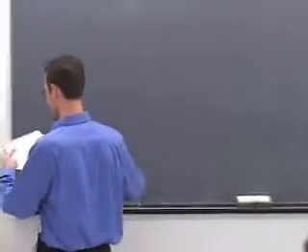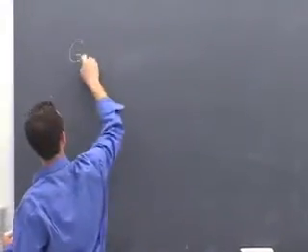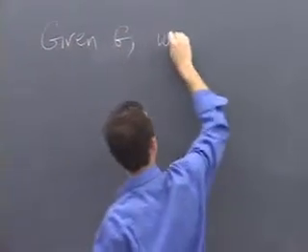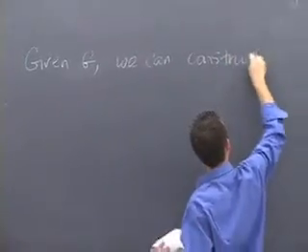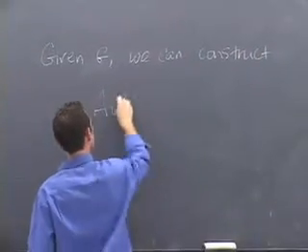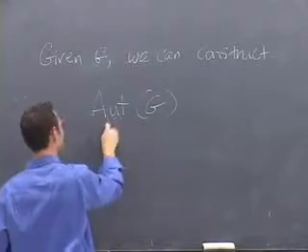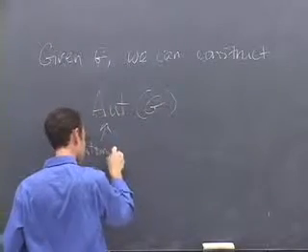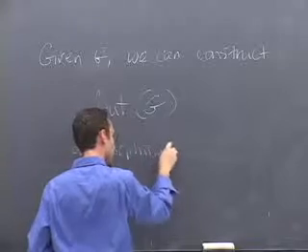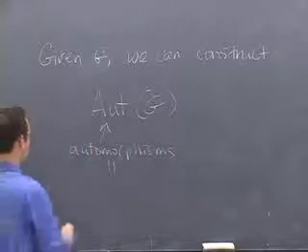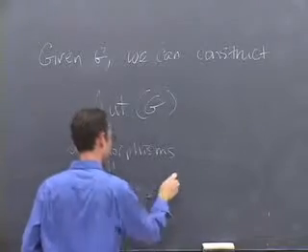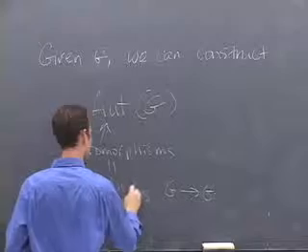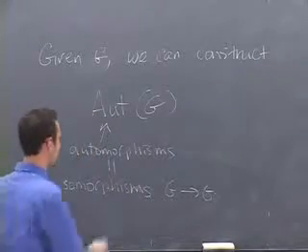So here's another construction. Given G, we can construct the set denoted Aut G. These are called automorphisms, which is just a shorthand for isomorphisms between the group and itself.